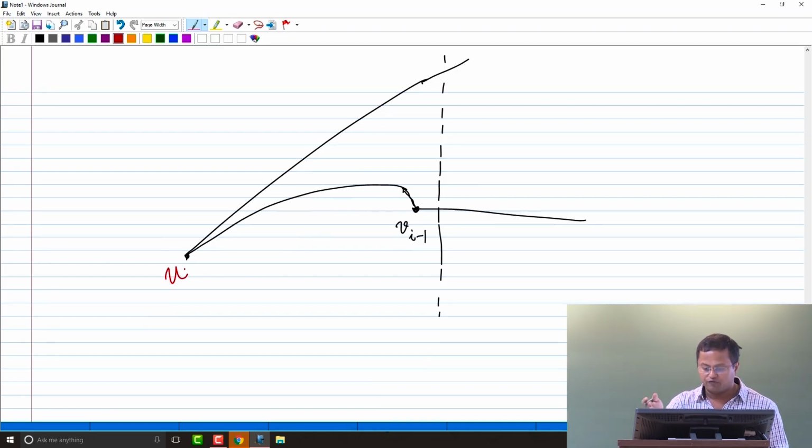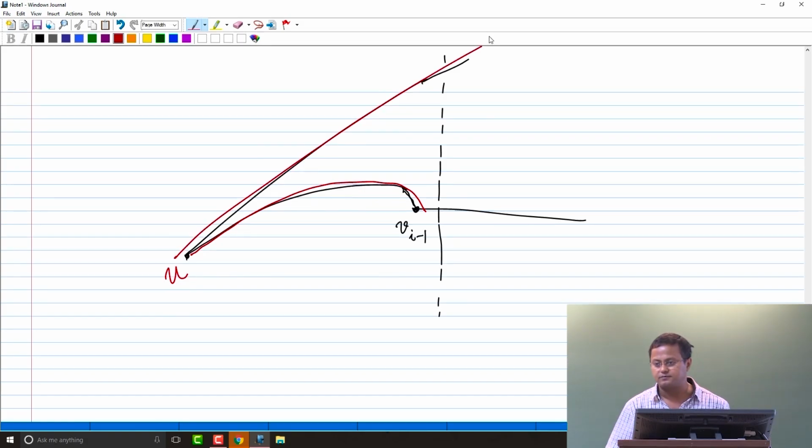Now, V I will come, either on this lower chain or on the upper chain. But let us look at the structure that remains, which has not been triangulated as yet. The claim is this will have a structure of a sequence of reflex vertices and an edge that cuts like this. This is the structure that will remain.